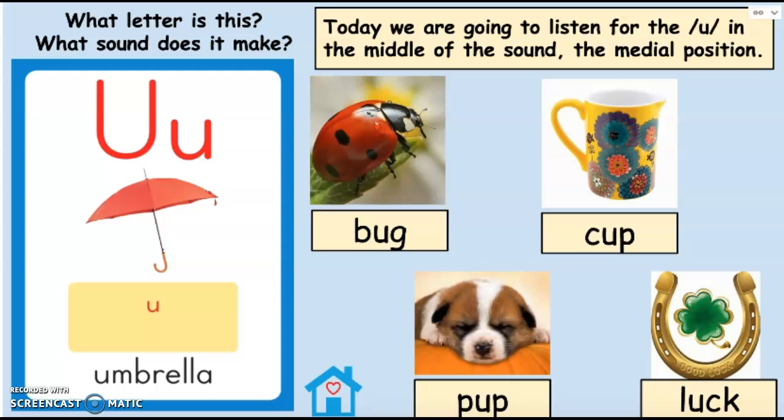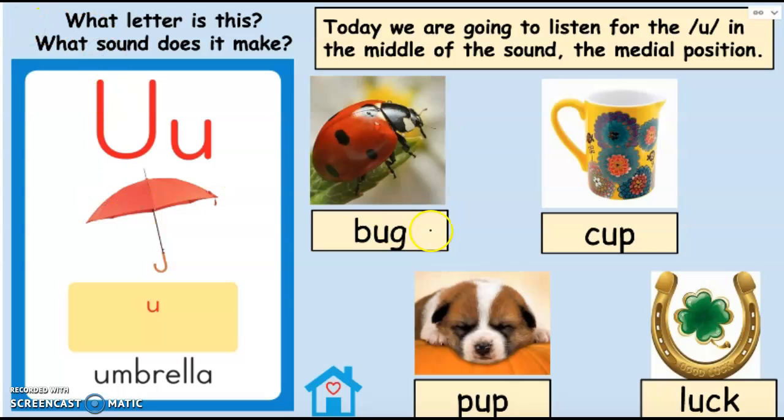So I want you to listen to this word. Bug. Now let's sound it out slower. B, u, g. Bug. Next word. Cup. K, u, p. Cup. If we change that k at the beginning of cup to a p sound, what's the word then?